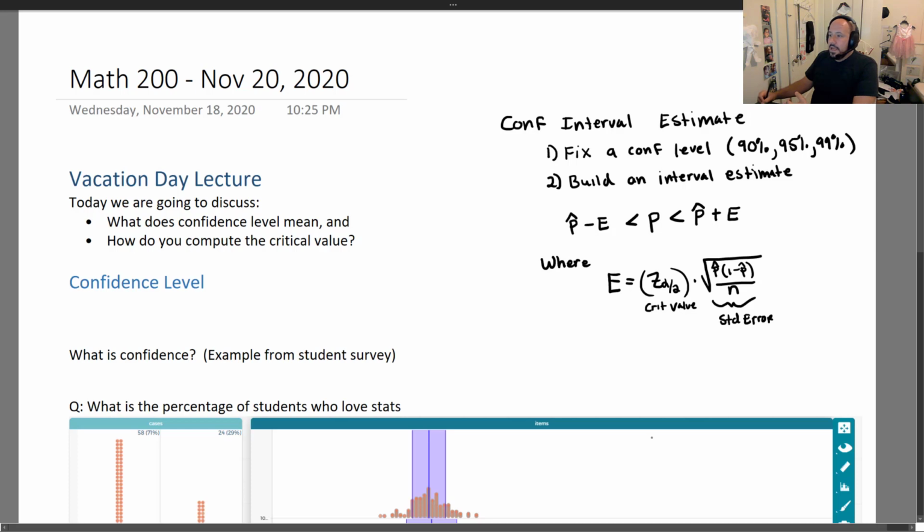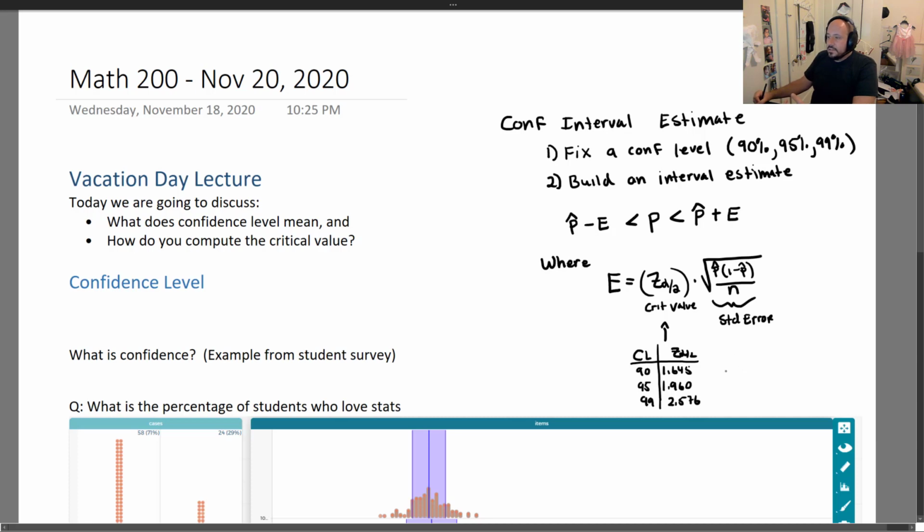And this critical value, we choose depending on the confidence level. If we wanted to be 90% confident, we chose 1.645. If we wanted to be 95% confident, we choose 1.960. And if we wanted to be 99% confident, we choose 2.576. Once again, these are those critical values.